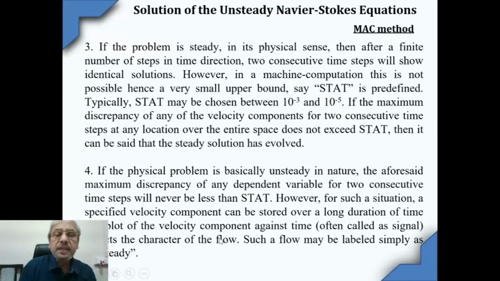Now, at this stage, when the maximum discrepancy of velocity at any location is not falling below a specified predefined small value, then the flow is oscillating. We can call such flows unsteady flows.